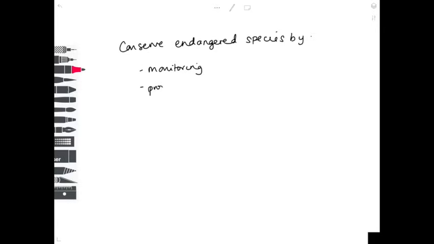So we've talked about the miserable side, which is to do with why animals become extinct, but how can we conserve endangered species? So how can we actually improve the numbers of these endangered species? First of all, by monitoring them, by providing protection for them, so whether that's giving them nesting sites or helping prevent predation.